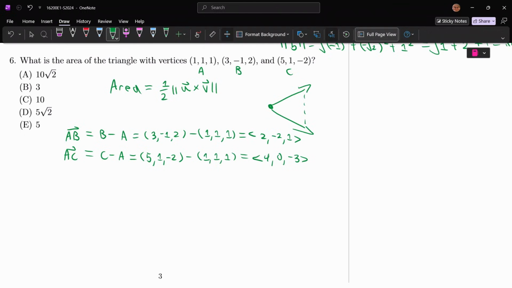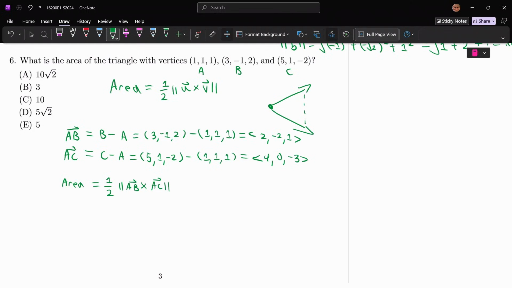So the area of our triangle here is going to be 1/2 times the magnitude of the cross product between AB and AC. Generally speaking, when you take a cross product, if you flip the order, you end up with the same cross product but with the sign flipped.